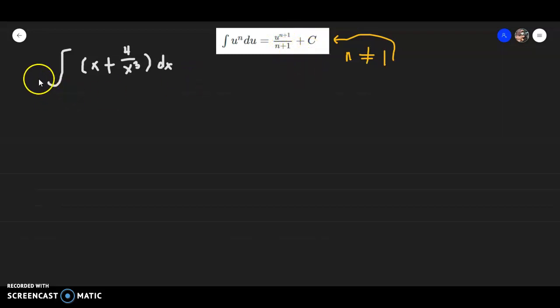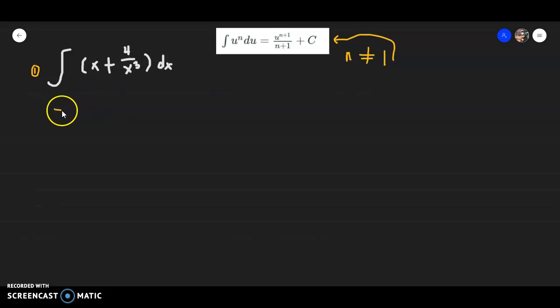So, given example number 1. So, ito, we need to find the antiderivative of x plus 4 all over x cubed dx. So, ang gagawin natin, integrate natin each by parts.